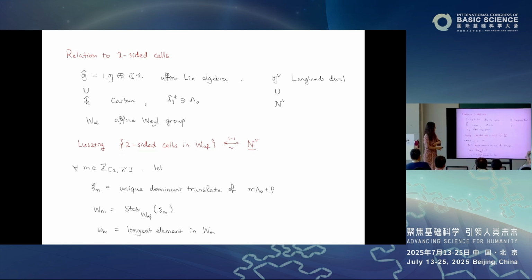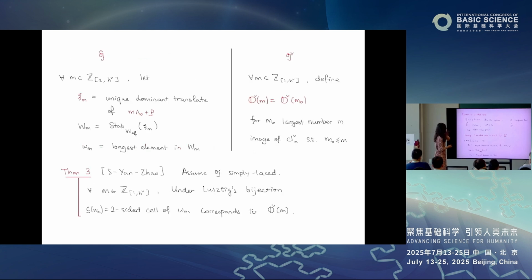Now you can consider the following. Maybe I will go to the second page. What we did so far, now I put it on the G check side.